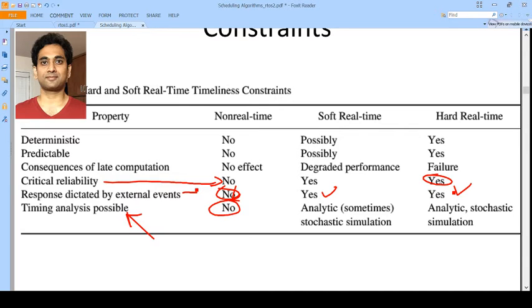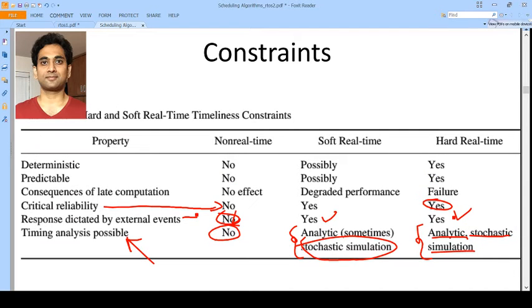But for soft real-time systems, it is possible to come up with an analytical timing analysis, or sometimes stochastic simulation. For hard real-time systems, it is possible to analyze analytically and stochastically their timing behavior. So these are the different properties of non-real-time, soft real-time, and hard real-time systems.